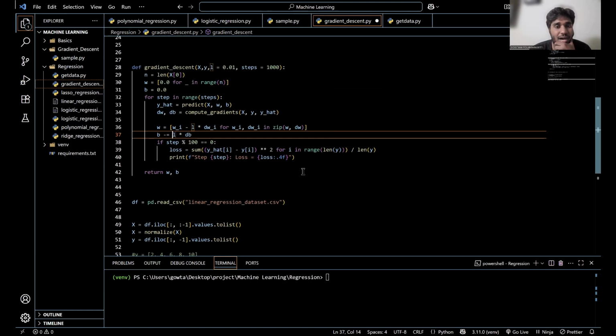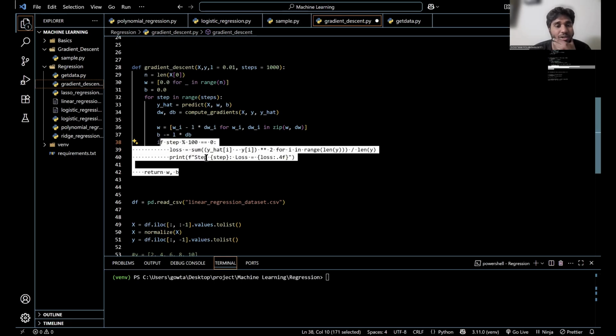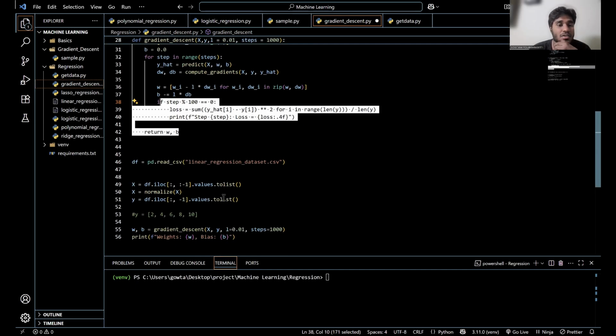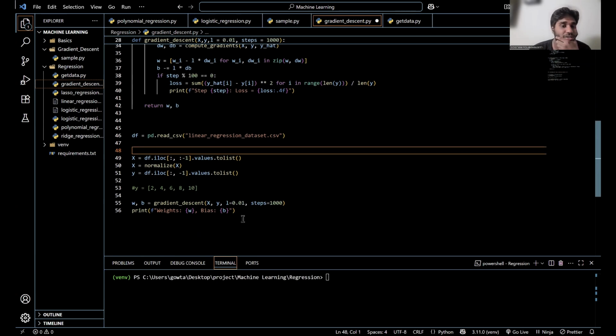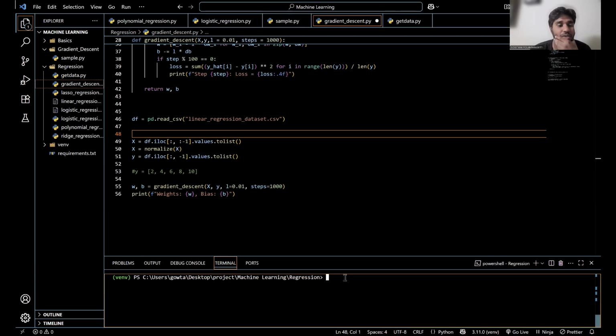And here we are printing the loss every 100 steps as this function proceeds. I already extracted a data set called linear regression data set. So let's try this code out to check how it works.